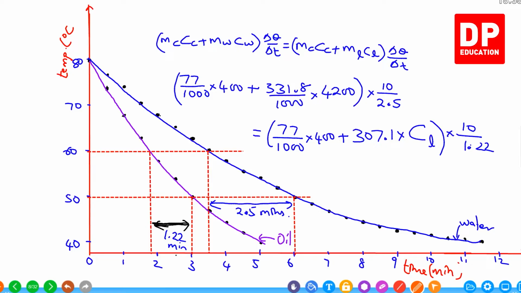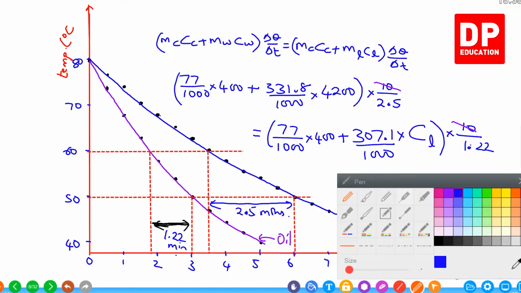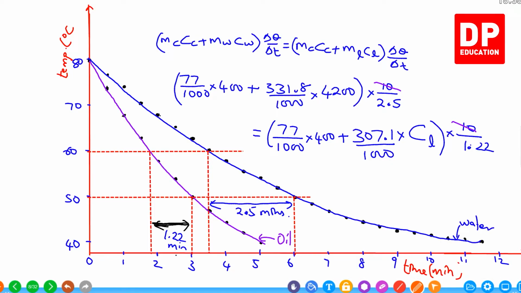Now you have 10 on both sides, you can cancel it. We should have written 1000 here. Either write everything in grams, then you don't have to convert to kilograms. If one is converted to kilograms, everything has to be converted to kilograms. But finally, these thousands can be cancelled.